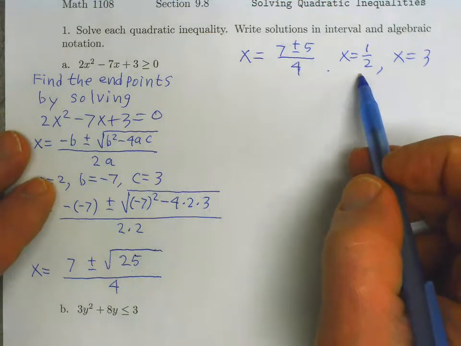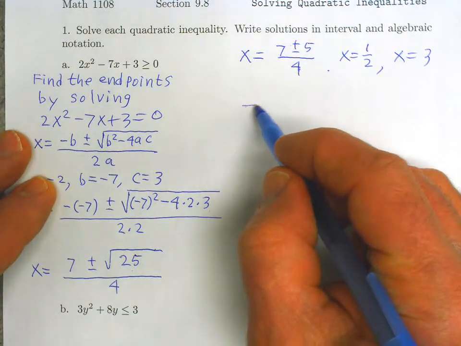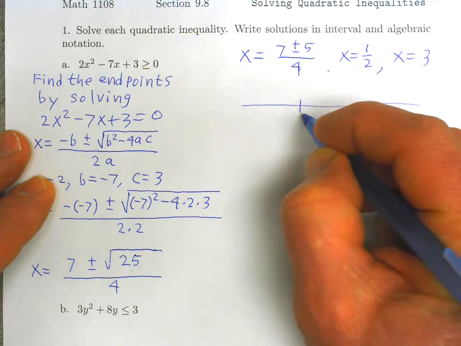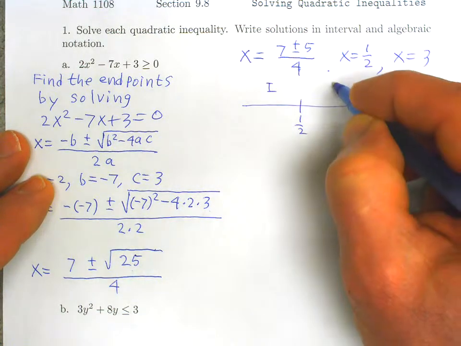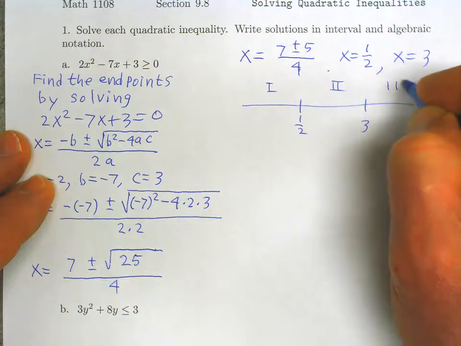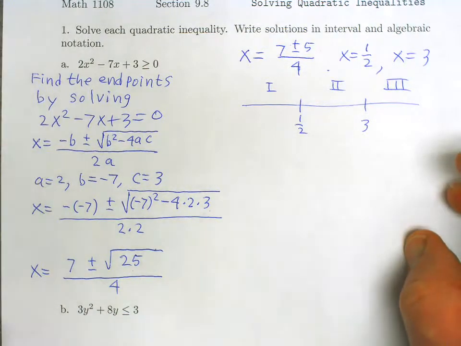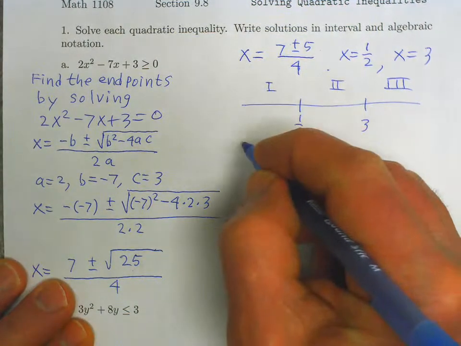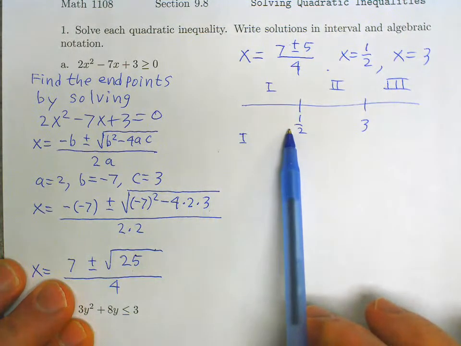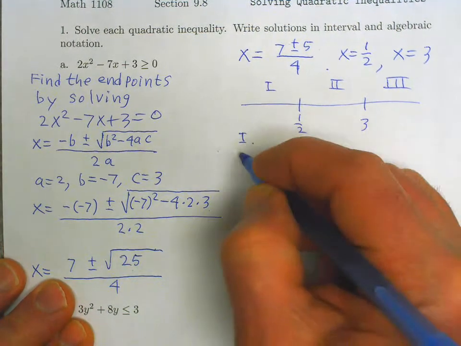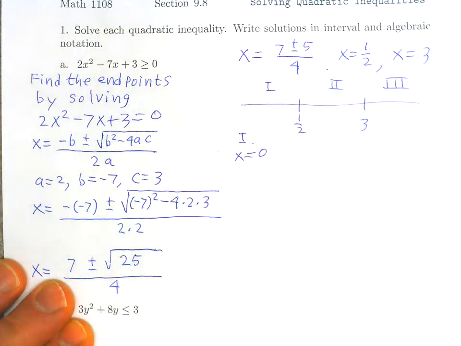Okay, so we use those two numbers to divide the number line into 3 separate intervals. And then we pick a test point from each interval. In the interval on the left, I can pick any number that's less than 1/2. 0 is usually a nice number to pick for a test point.